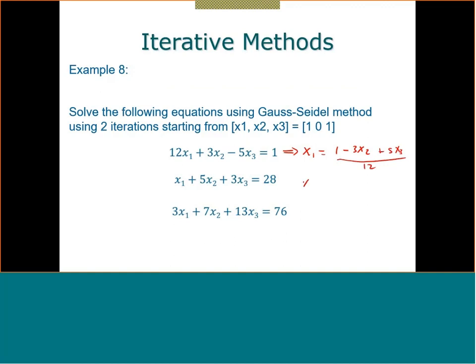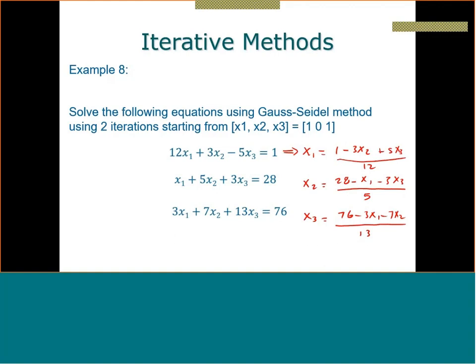Now x2 will equal 28 minus x1 minus 3x3 divided by 5. And finally, x3 will equal 76 minus 3x1 minus 7x2 divided by 13. So this is the first thing.